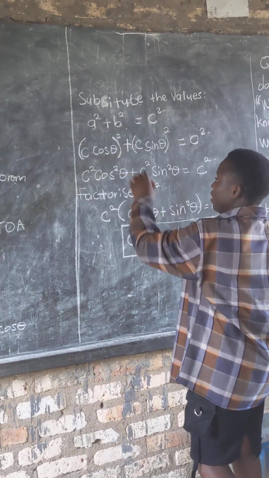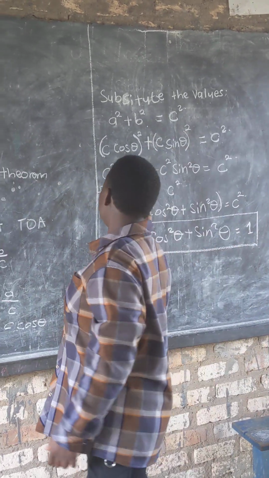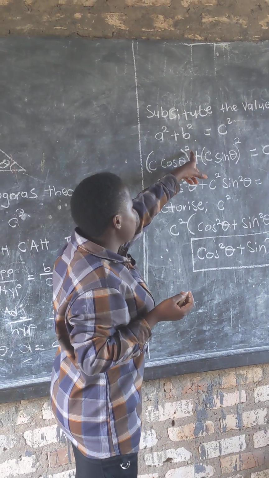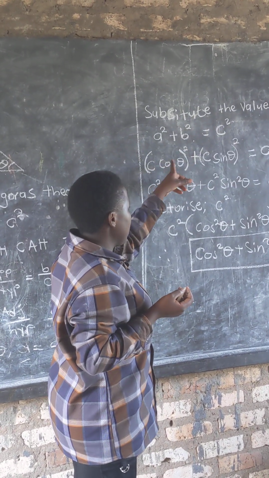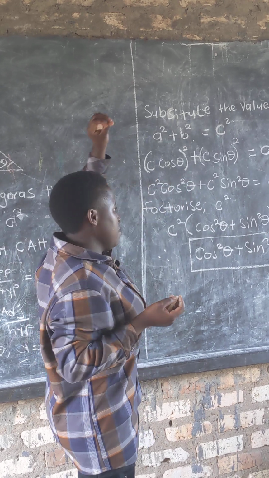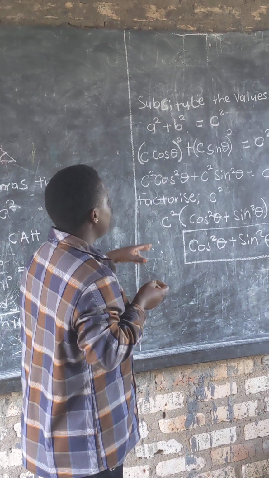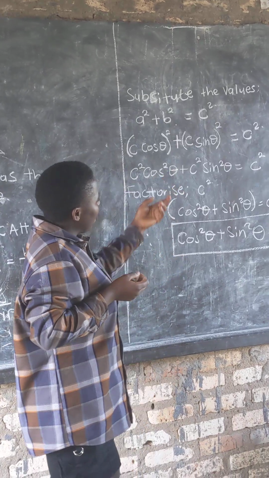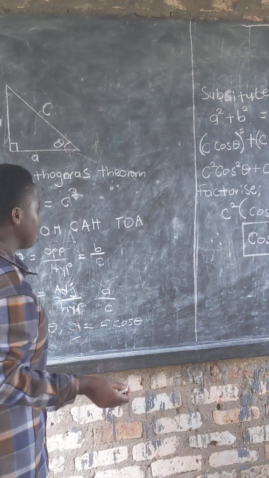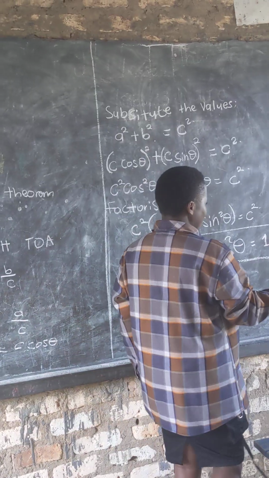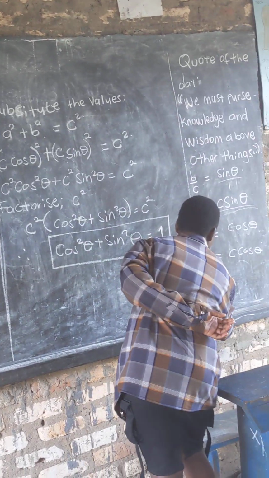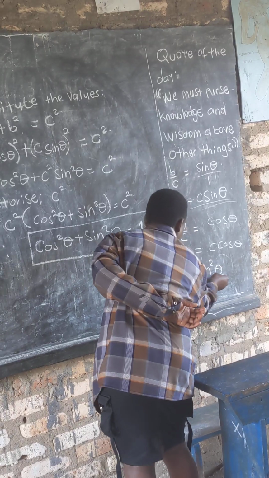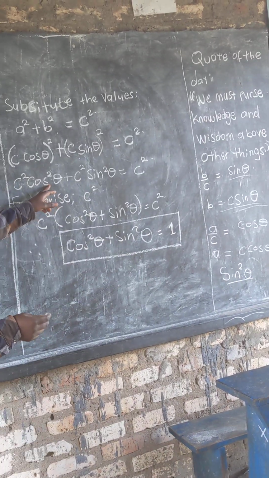When applying the square, it drops to both the c and the cos theta, so we get c squared cos squared theta. The square comes between the trig function and the angle, and is written like that.